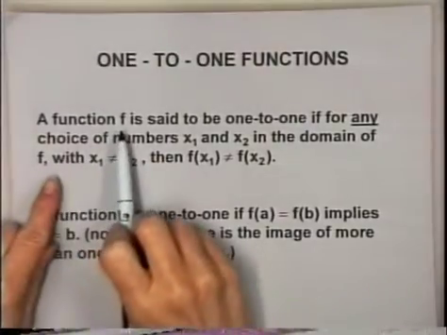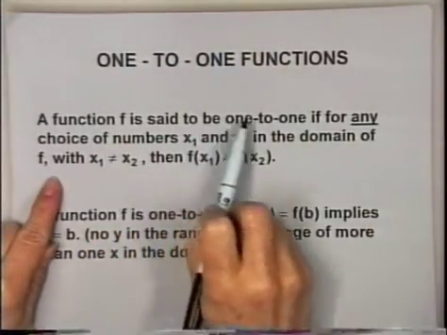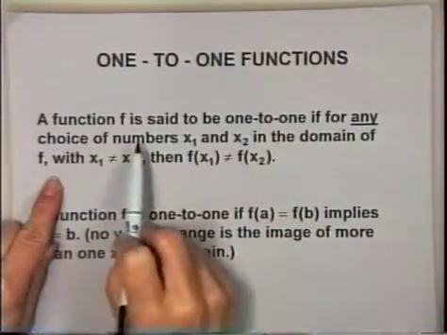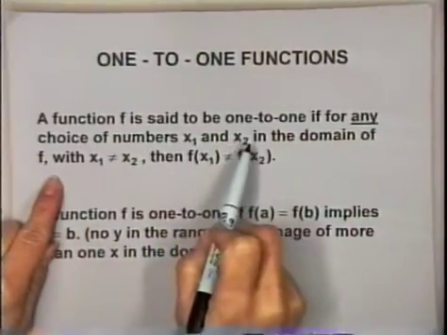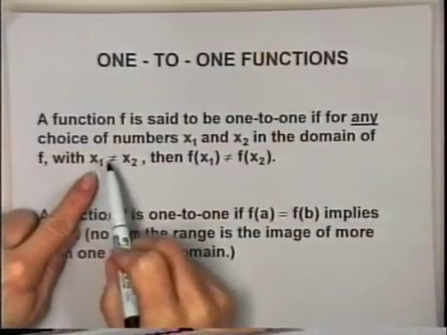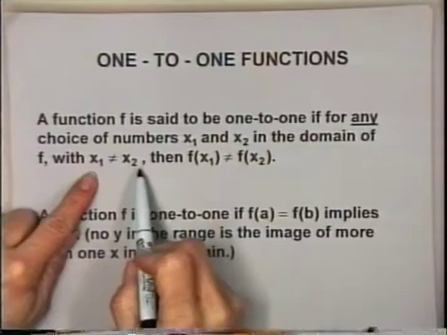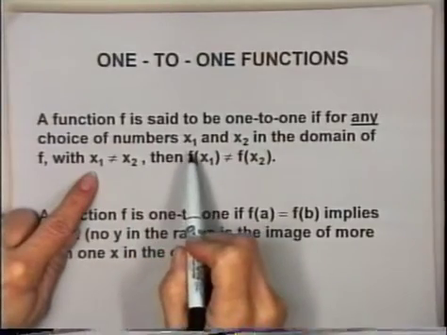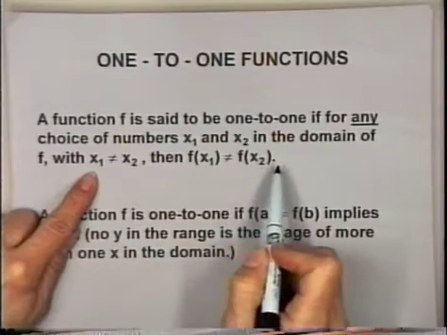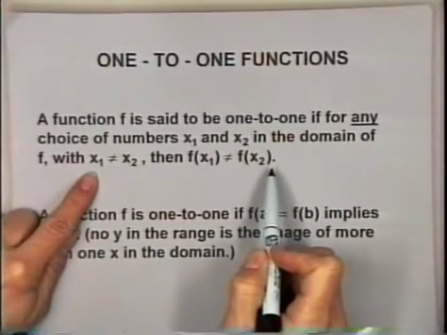A function f is said to be 1-to-1 if for any choice of numbers x1 and x2 in the domain of f, with x1 not equal to x2, then f of x1 does not equal f of x2. Well, now that sounds rather complicated, but let's look at what we're saying.